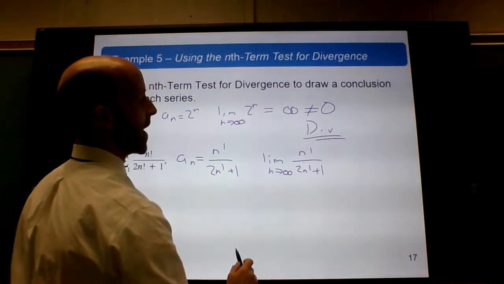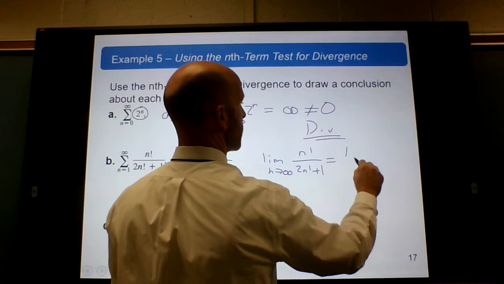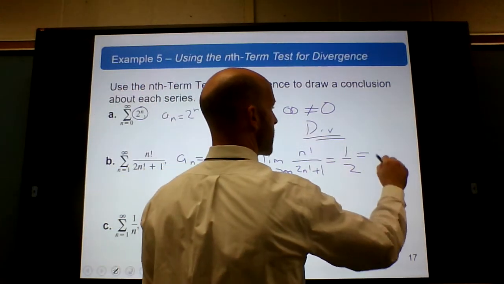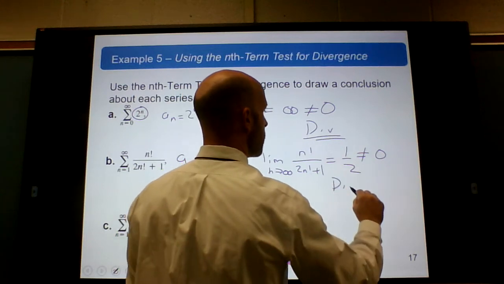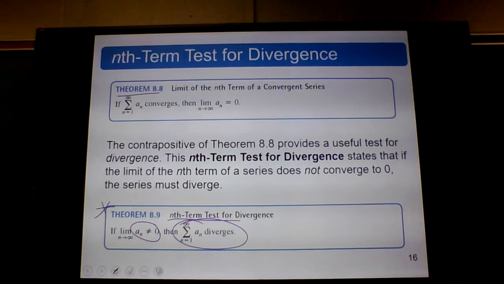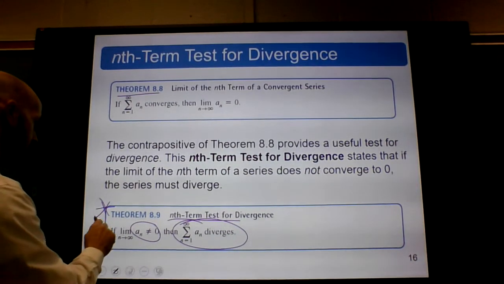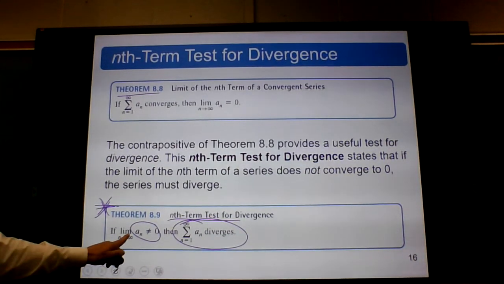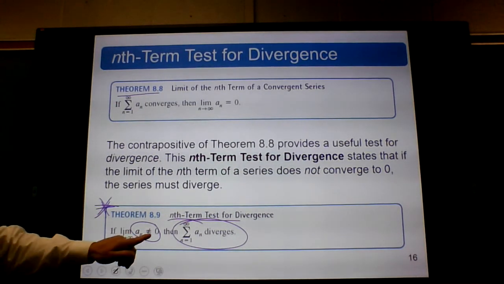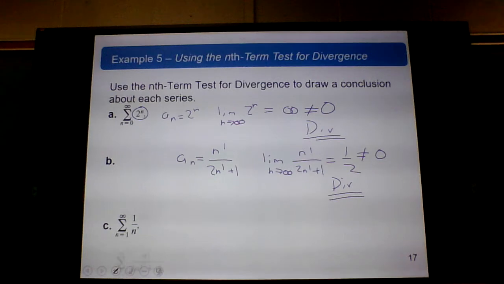We're going to divide by n factorials again, but I'm just going to cut to the chase, and I'm going to tell you that the answer there is half. Well, 1/2 does not equal 0. Therefore, this one also has to diverge. And again, I'm using this theorem right here. This is a very important theorem. If the limit as n goes to infinity of the nth term does not equal 0, it has to diverge.